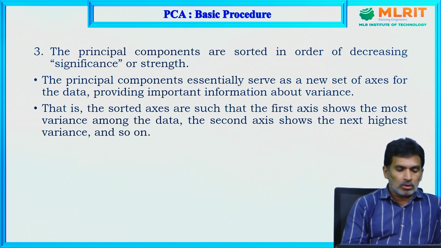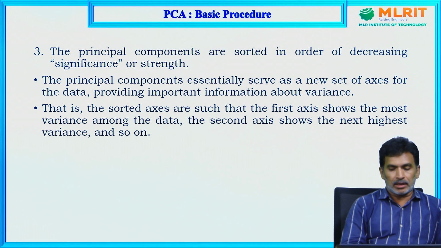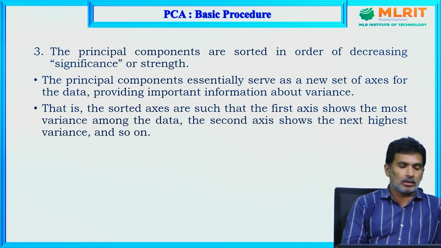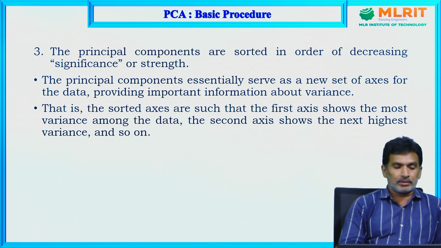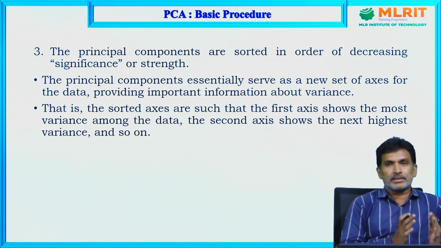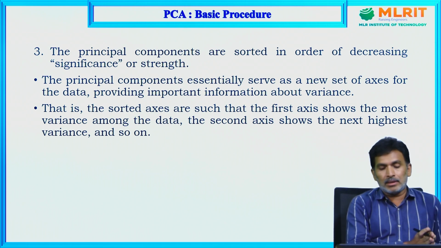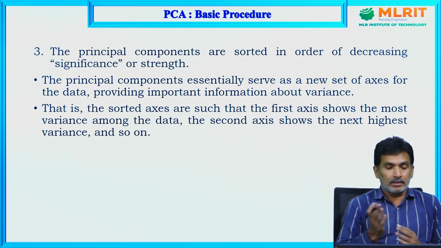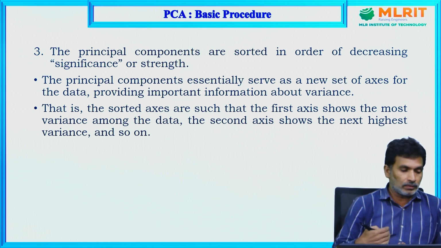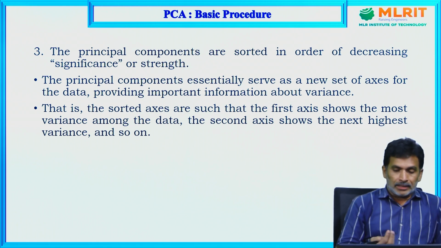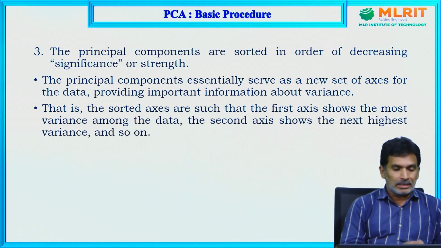Next, principal components are sorted in order of decreasing significance or strength, based on the variance. The more variance, the more information. So the first principal component will have the highest variance, and then the next a little smaller, with decreasing significance or strength.